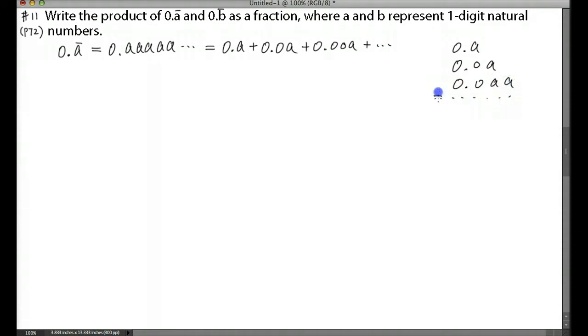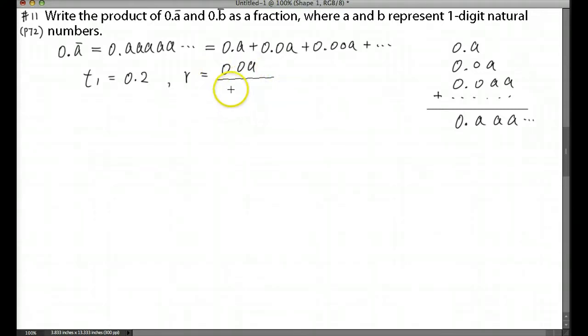If you add all this together, obviously you should get 0.A repeating, so believe that's true. And then look at this. This is really a geometric sequence with the first term equal to 0.A, and the common ratio, just use any term starting from the second one divided by the previous one.